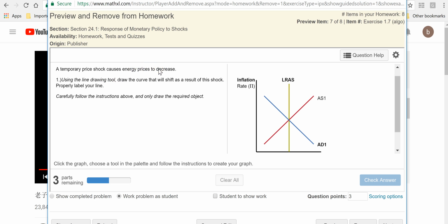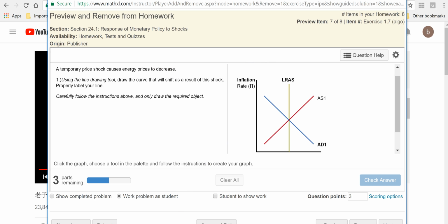And we know that energy prices are part of the overall price, so that decrease will decrease the inflation. Hence, it's like an inflation shock.